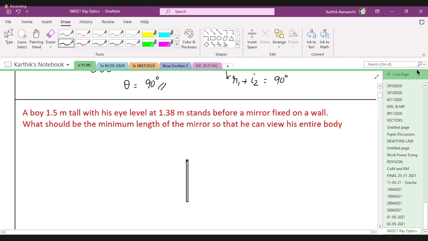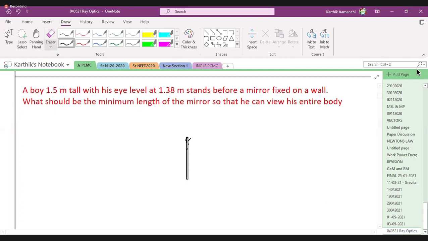See, this is your mirror, which is placed on a wall. Now, what I will do is I'll take a boy of 1.5 meter tall with his eye level at 1.38 meter standing before the mirror.